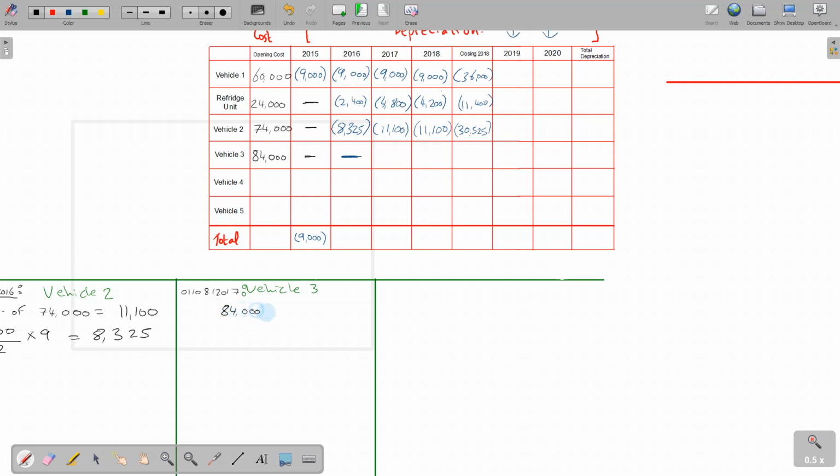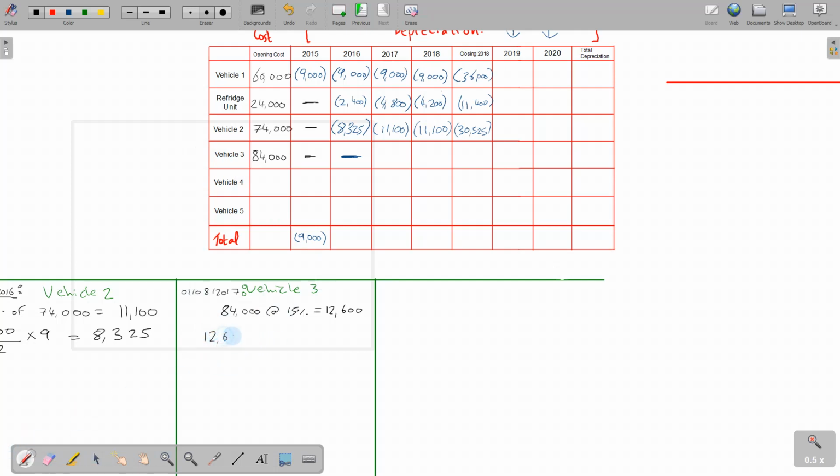So we can say 84,000 at 15%. So what is that? 12,600. So 12,600 is a full year, so 12 months, and we want for the 8, 9, 10, 11, 12, so we want 5 months depreciation.